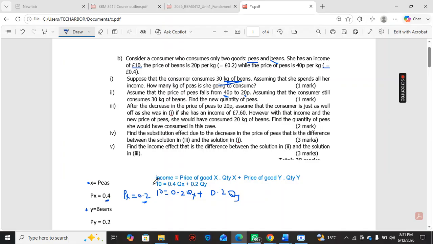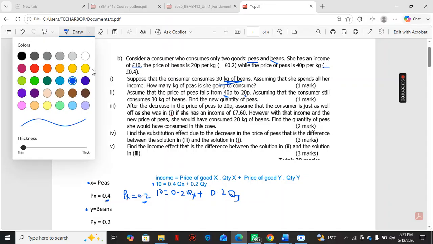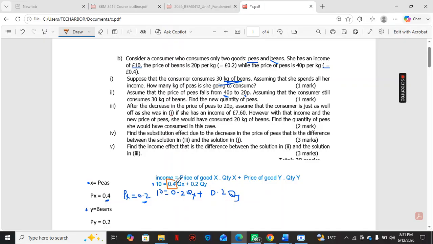Originally our equation was this, but now the price of peas has changed. The peas have become cheaper. Initially they were 40 pence, now they've become 20 pence. Can you look at this first equation and this one? Have you seen how it has changed?